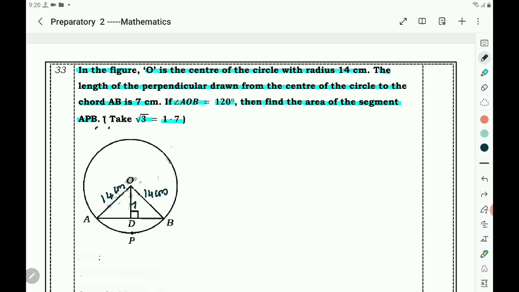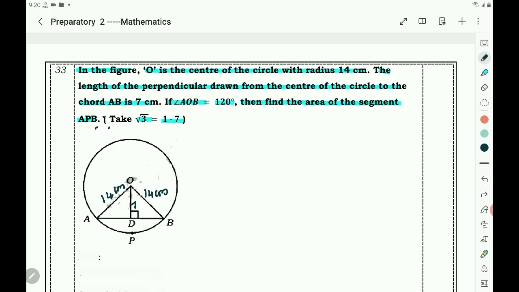Area of the sector can be found directly by using the given theta 120 degrees and radius 14 cm. But to find the area of the triangle, we need base into height. Here base is AB. Height is known, that is 7 cm. AB is to be found out, which is the base of the triangle.